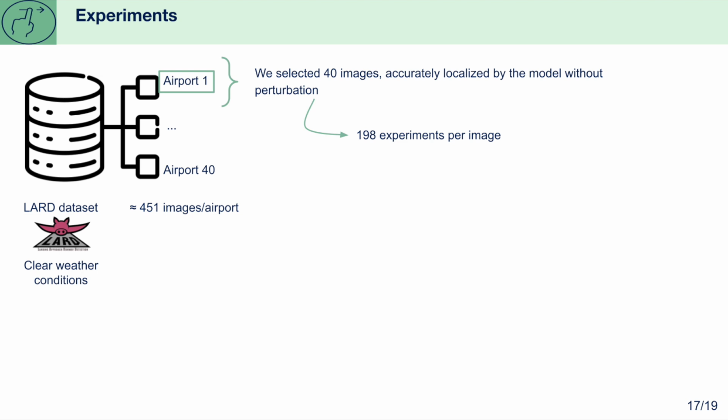And we have conducted several experiments. The lab dataset divided its images by the concerned airport. We randomly selected an airport and chose 40 images accurately localized by the model without perturbation and conducted 200 experiments per image.